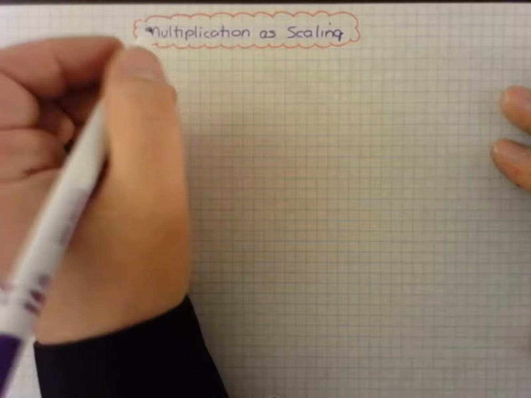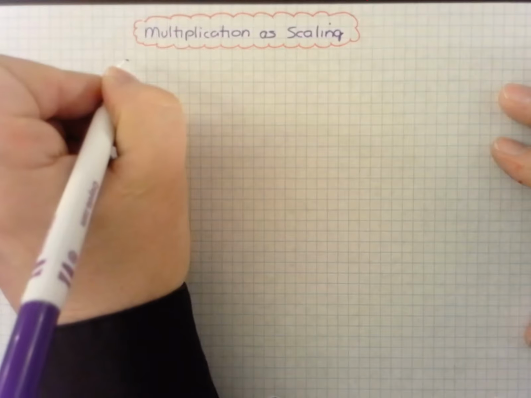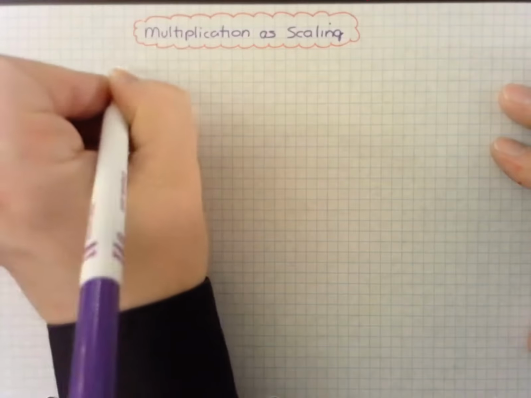Multiplication as scaling. Scaling is the process of resizing a number when you multiply by a fraction that is greater than or less than 1.